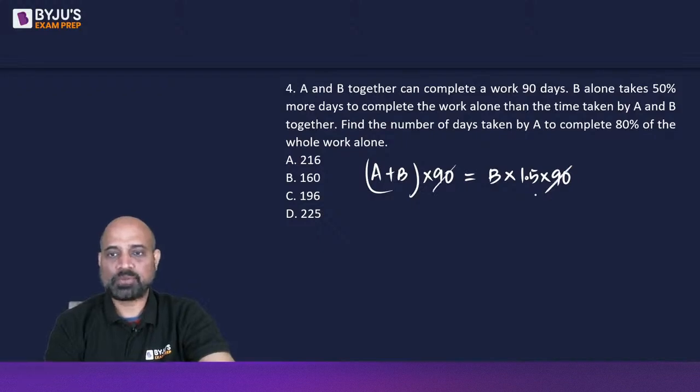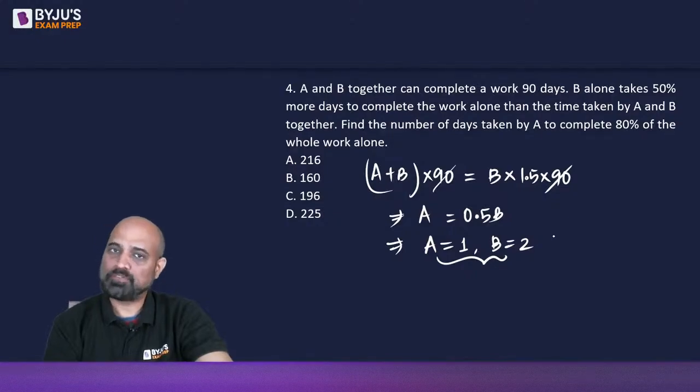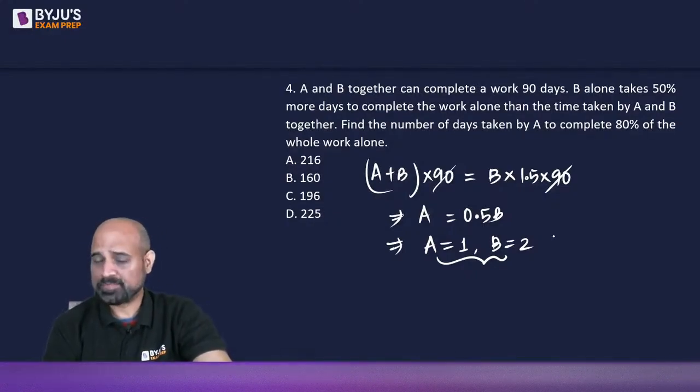So 90 goes away. So we will have A is equal to 0.5 B, or we can say that A is equal to 1 and B is equal to 2. This particular pair of values of A and B will make sense. You can choose any pair of values as long as it satisfies this.